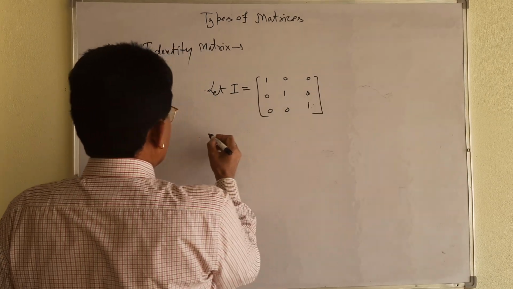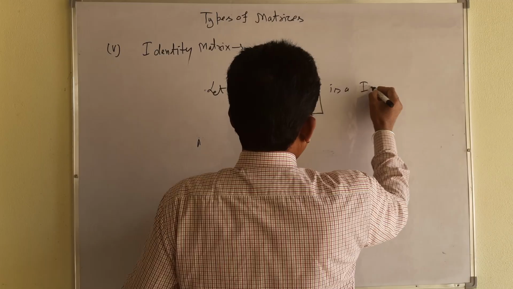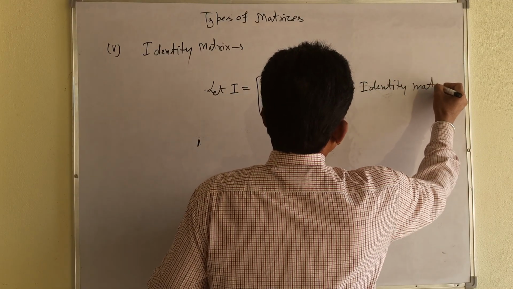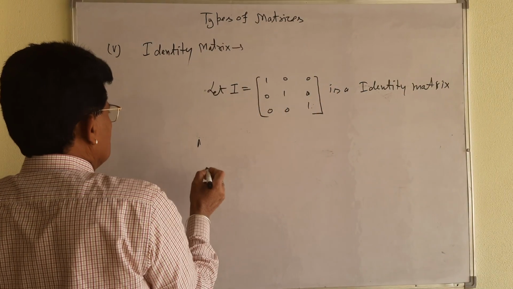That is why a square matrix is an identity matrix. This is the example I have taken. Identity matrix. Okay?